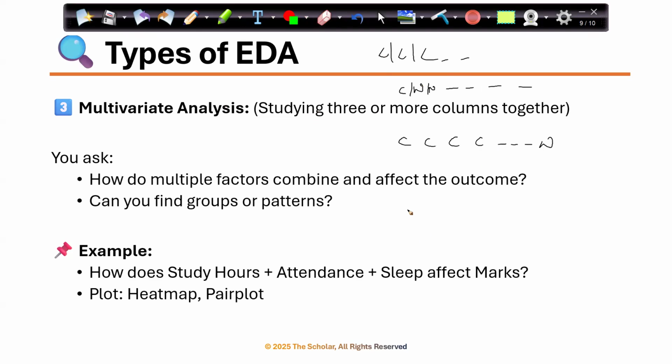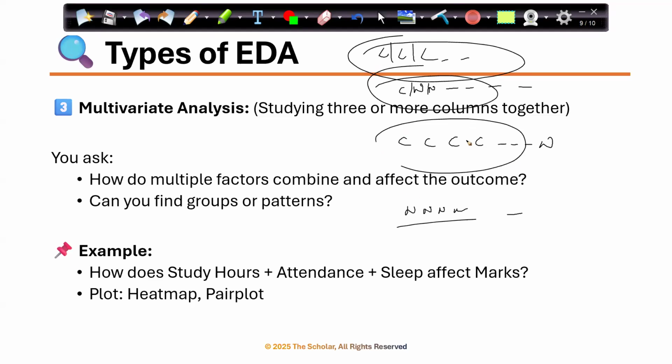It can be all numerical. So it can be all categorical, a mix of categorical and numerical, where more numerical is there, or more categorical is there, and all numericals. It's all combination because it's three or more than three columns.